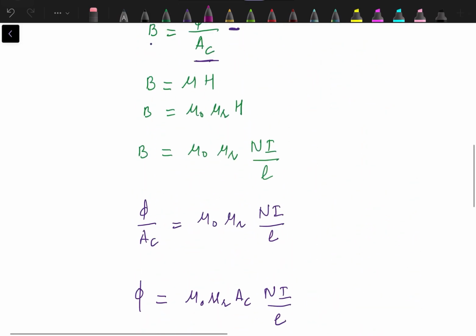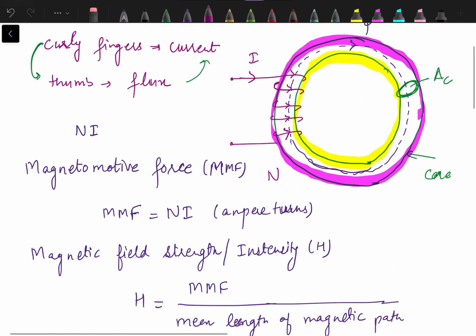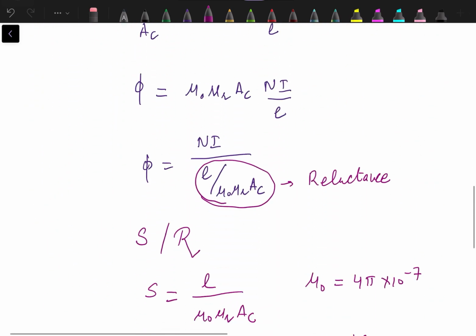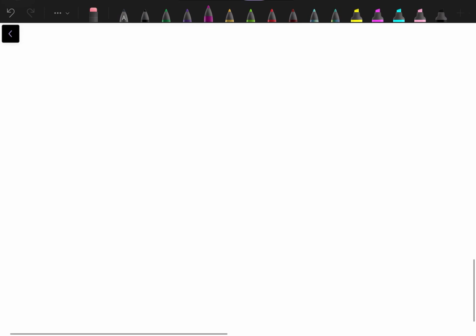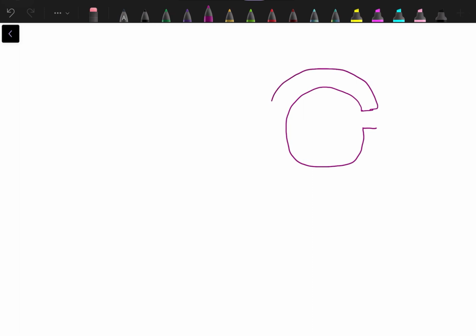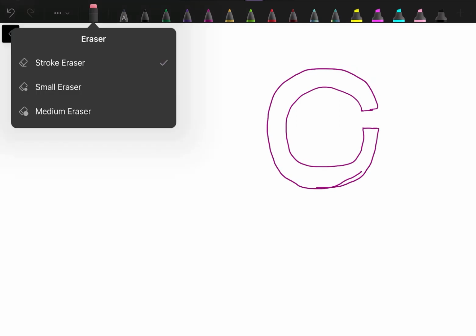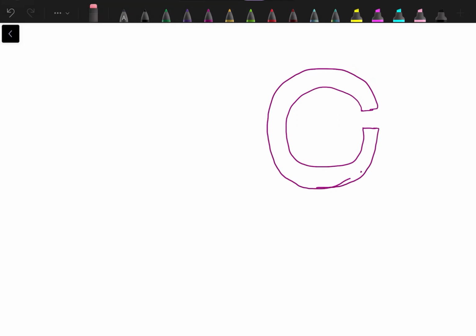Now, in this magnetic circuit, it was a solid core. We can have the possibility that this magnetic circuit is having some gap like this.